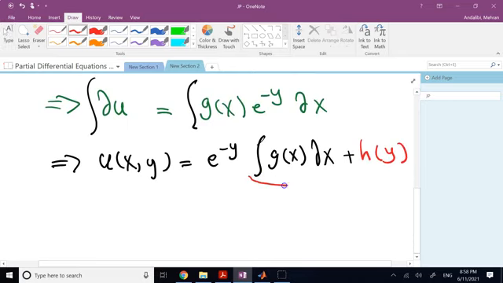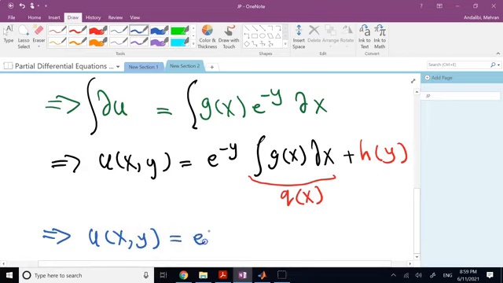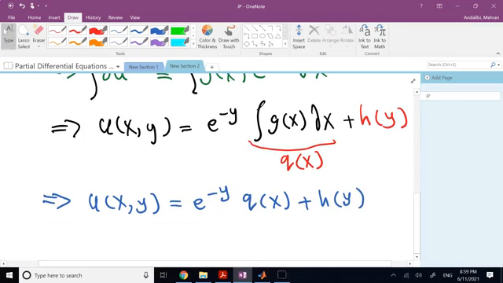Now, if I call this integral of g of x dx, whatever you want to call it, maybe q of x, then my final solution will be u of x and y is equal to e to the negative y q of x plus h of y. That's my solution. Where q of x is what?